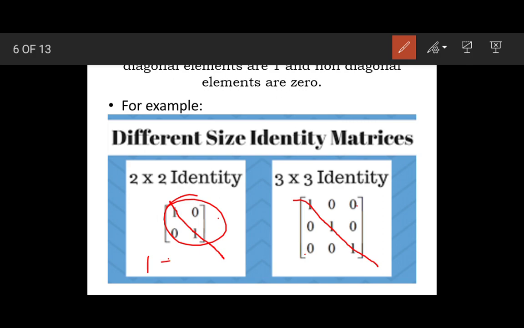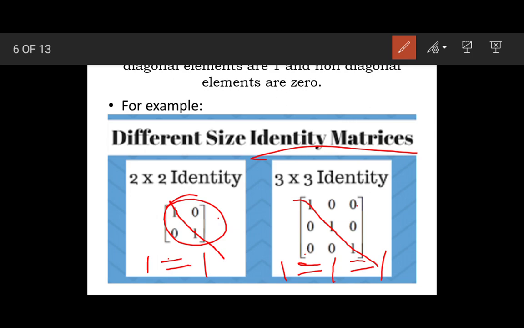In 2 by 2 all diagonal elements are 1, non-diagonal elements are 0. In 3 by 3 again all diagonal elements are 1, non-diagonal elements are 0. So a scalar matrix in which diagonal elements are 1 and non-diagonal elements are 0 is called an identity matrix. Clear?